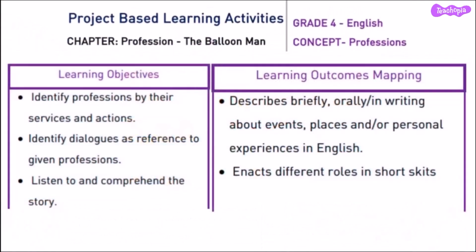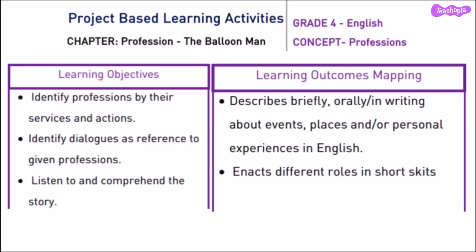In this video, we'll look at grade 4 PBL, which is on the concept of professions, for the chapter The Balloon Man. Here are the learning objectives and learning outcomes for the PBL.